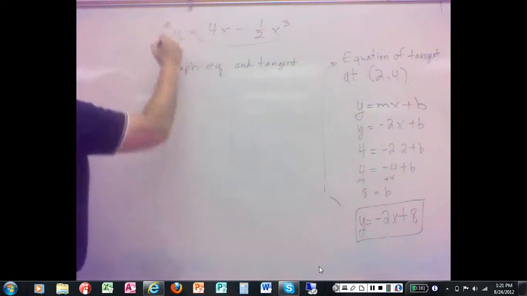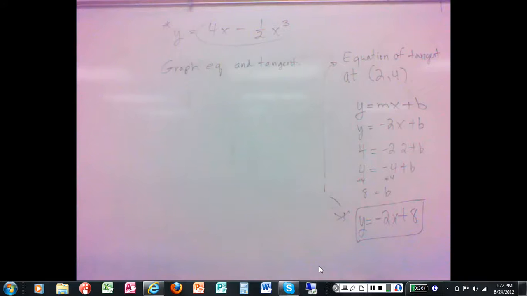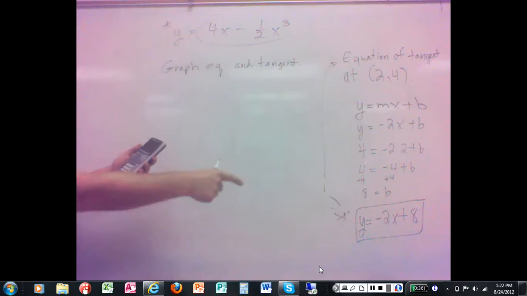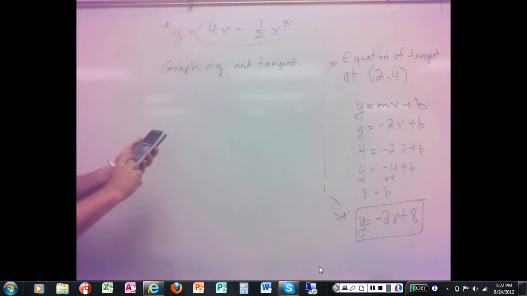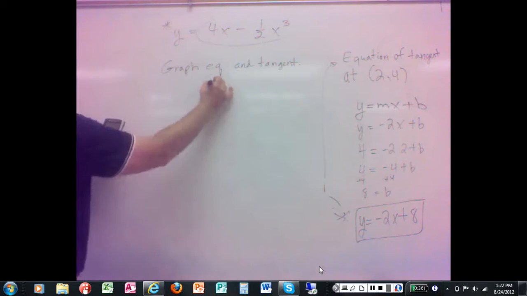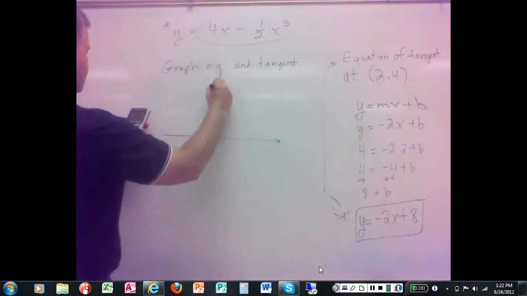So clear out y1. We'll put y1 as 4x minus 1/2 x cubed, and then y2 is going to be negative 2x plus 8. We should see at 2, 4 a nice little line. Here's what mine's showing up as.